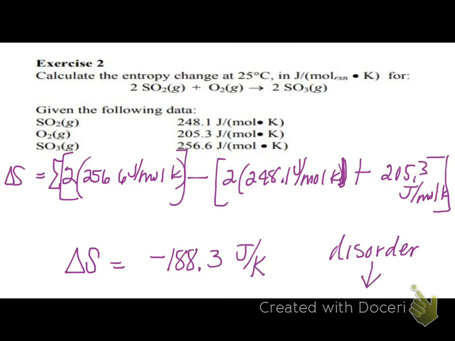Disorder decreased, and if we go back and look at it, we're going from 3 moles of gas to 2 moles of gas, so that makes sense. Before we had 3 moles of gas, now we have 2 moles of gas, which means it's more ordered or less disordered, however you want to think about that. You can always go back and look at it and see, did that make sense?